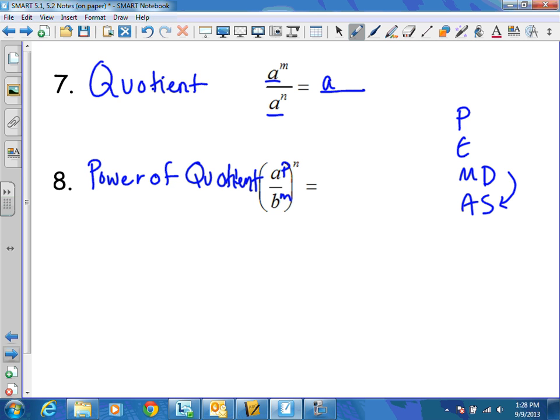Do you go this way, or this way? Does it matter? You can go either way. So it depends: if M is bigger, do it this way, so that you have the bigger minus the smaller. Then you won't have a negative.